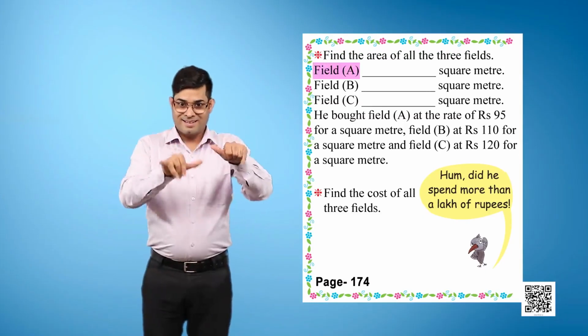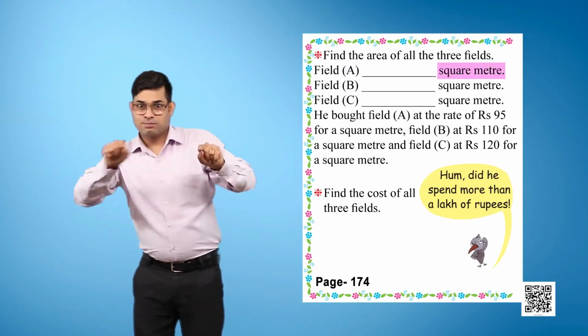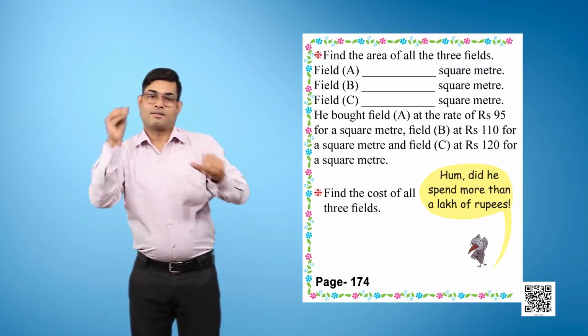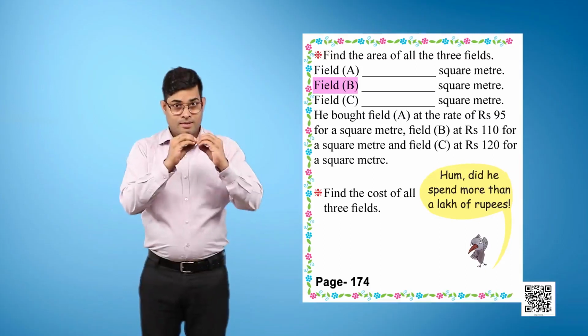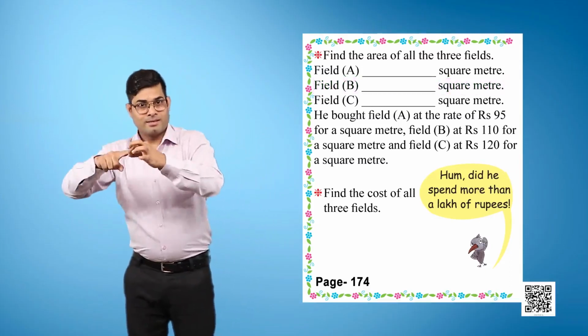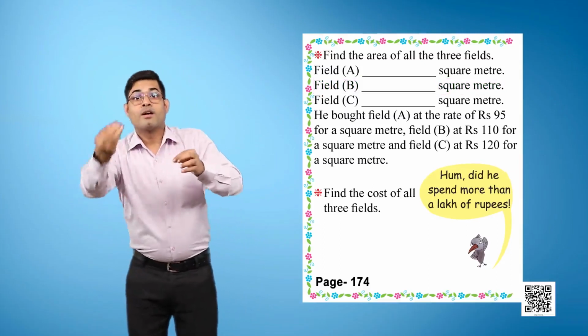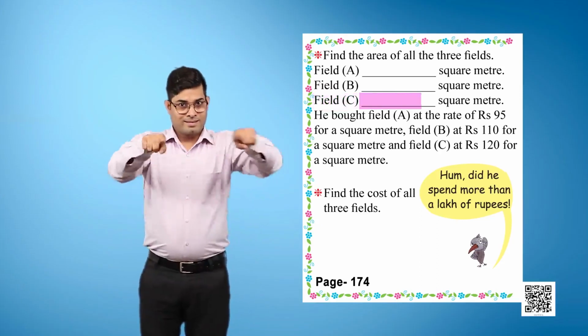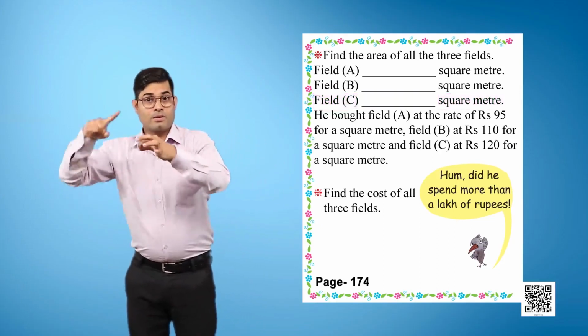Field A dash square meters. Field B dash square meters. Field C dash square meters.